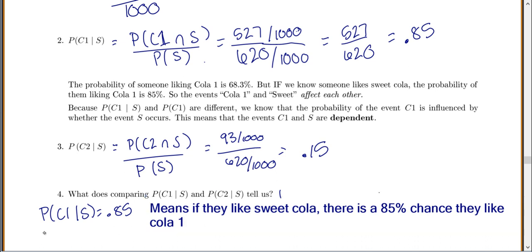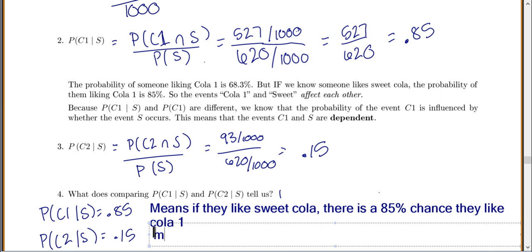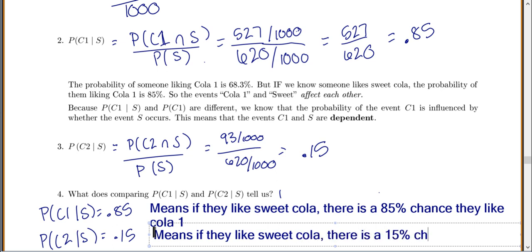Okay. And similarly, probability of C2 given S being 0.15 means if they like sweet cola, there is a 15% chance they like cola 2.